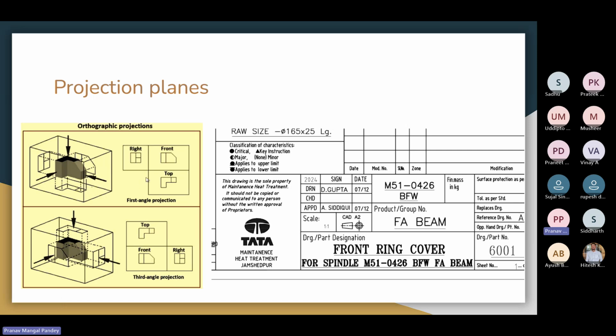So if you are making the first angle projection, make sure you follow this. This is one important way of understanding whether first angle or third angle projection has been used. If it is unbiased, people just look at the design. But understand this, you should never break this rule.